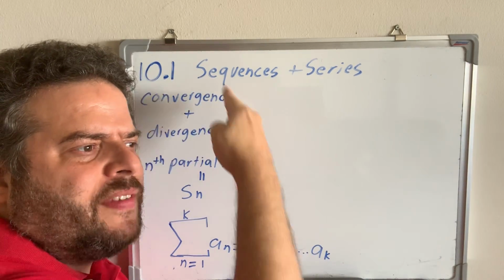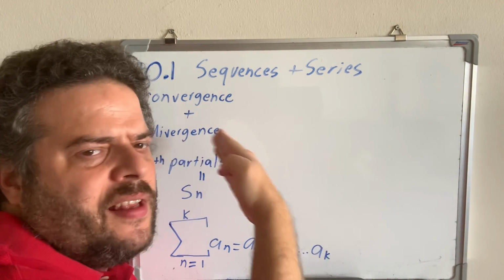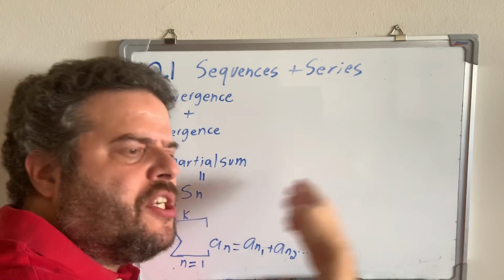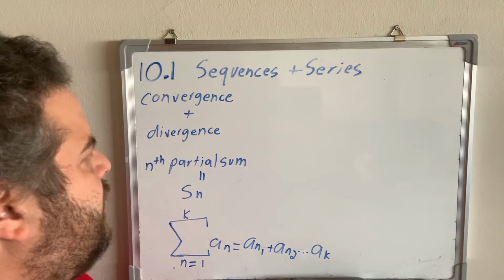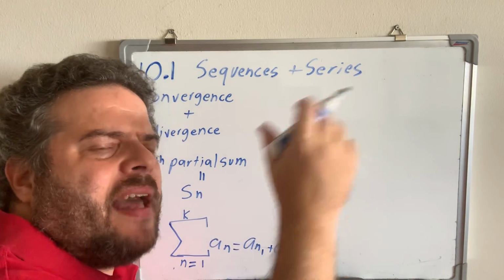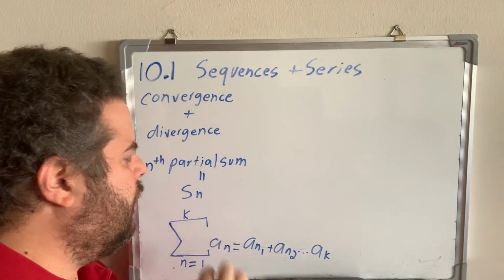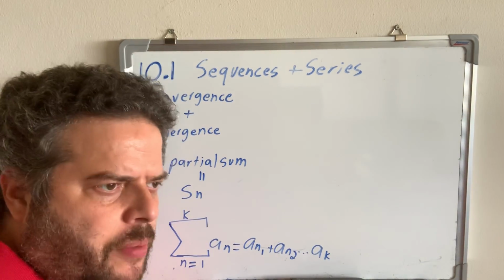So again, a sequence is the ordered list of numbers. A series is the end result, or the summation, of all those terms within that sequence. So that's the definition. Now there are two ways we can add those values, using sigma, which I will explain later, or using the nth partial sum.